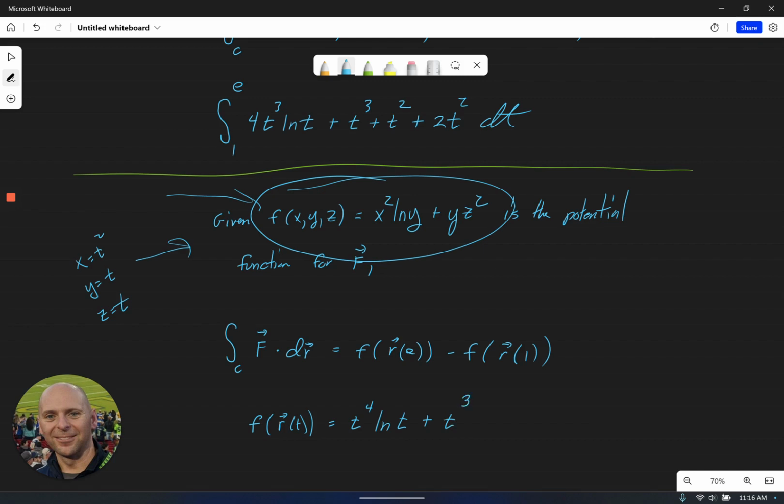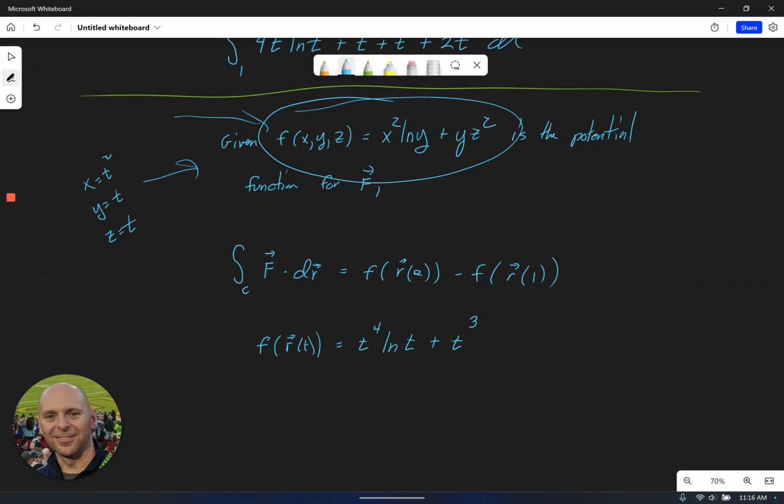And then it's just evaluating at the end minus the beginning. So f of r of e minus f of r of 1 is going to be equal to e to the fourth ln of e, which is 1, plus e cubed, minus the value at 1, which is going to be the ln of 1 times 1.